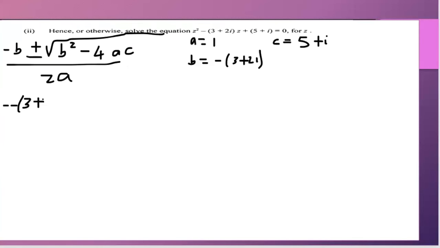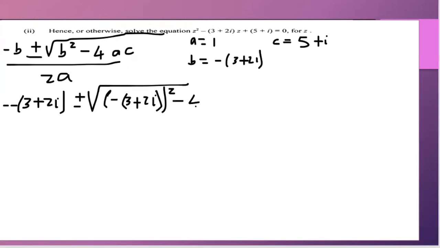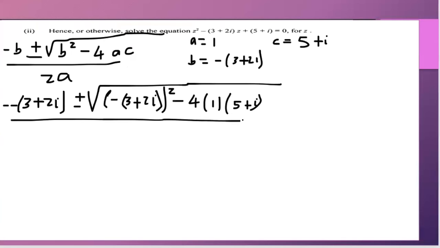I'm hoping you're seeing that the negatives will cancel. Plus or minus the square root of b squared, so that's (minus 3 plus 2i) all squared, minus 4, a is 1, and c is 5 plus i, all over 2 times a, so that's 2 times 1.